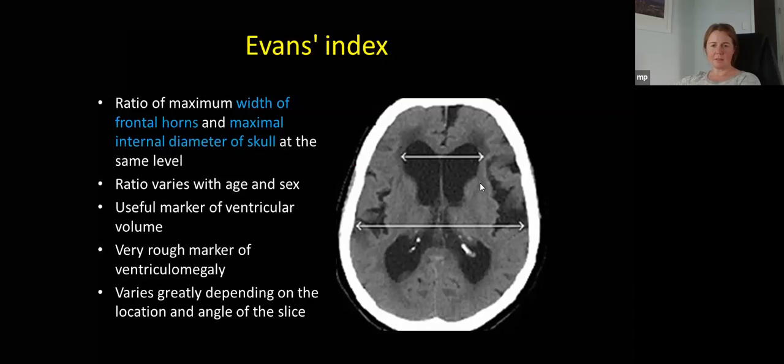And it can vary quite widely depending on which slice you're at. So again, it can be helpful, but it's not helpful in everybody. And it's not something I really use in my day-to-day reporting. I use it more of a history with the combination of imaging appearances.